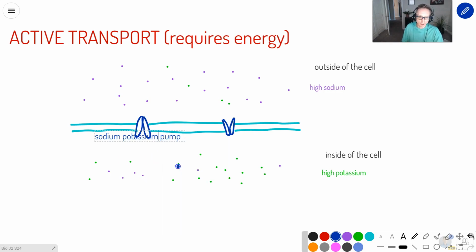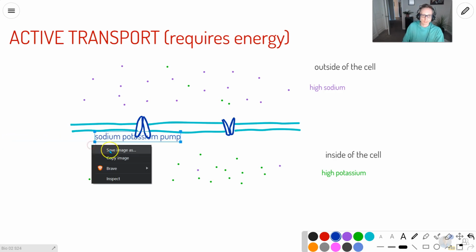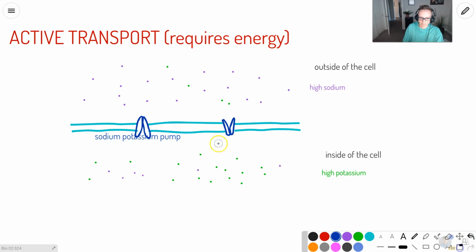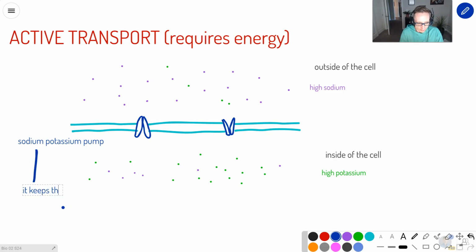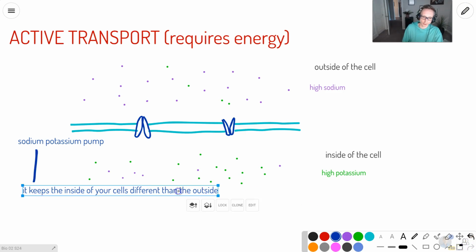That's right, you are feeding one third of all the food you eat to your sodium potassium pump. All right, so what does this thing do? It keeps the inside of your cells different than the outside. It produces an electrical charge across your cells.